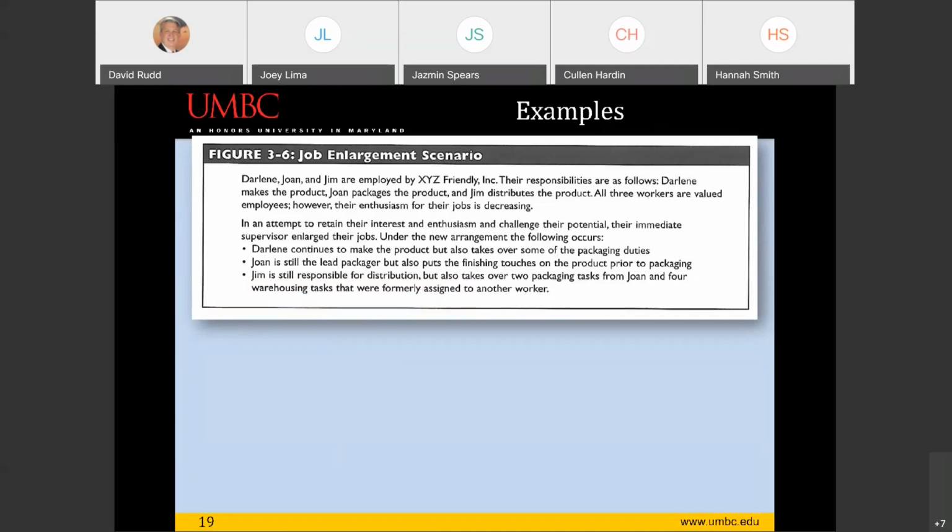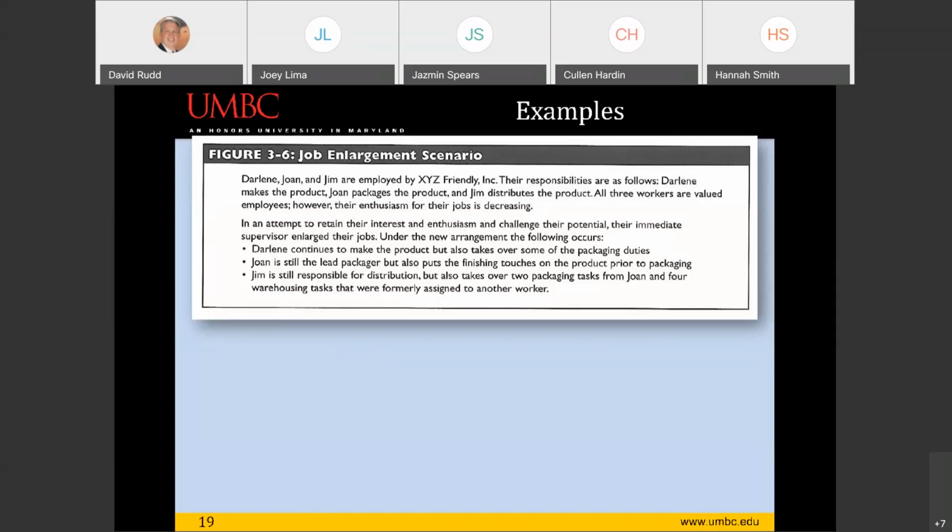Their responsibilities are as follows. Darlene makes the product, Joan packages the product, and Jim distributes the product. All three workers are valued employees. However, their enthusiasm for their jobs is decreasing. So in an attempt to retain their interest, enthusiasm, and challenge their potential, their immediate supervisor decides to enlarge their jobs.